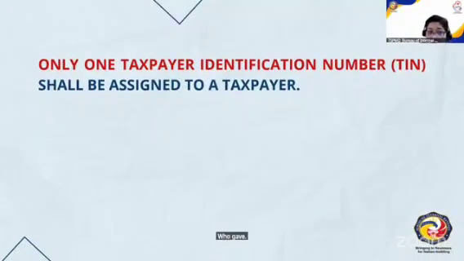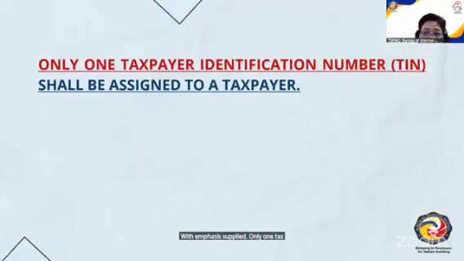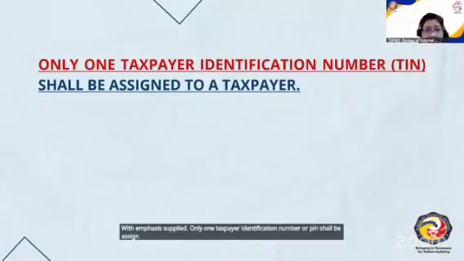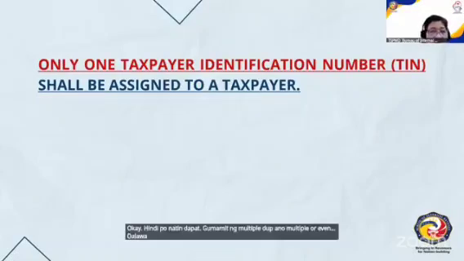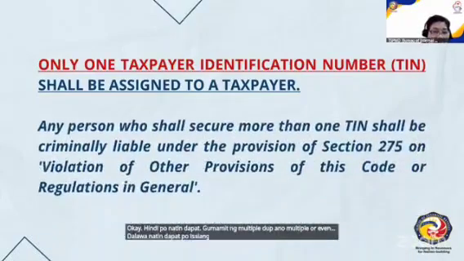Take note also, with emphasis supplied, only one taxpayer identification number or TIN shall be assigned to a taxpayer. Okay? We should not use multiple TINs, or even two. There should only be one for a taxpayer.